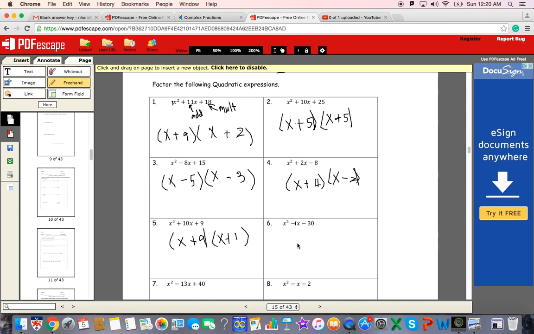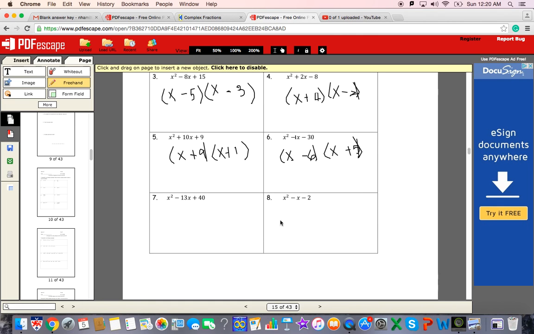There's an invisible 1 right there. So our 2 numbers are negative 6 and positive 5. And of course, we separate the x's like that.